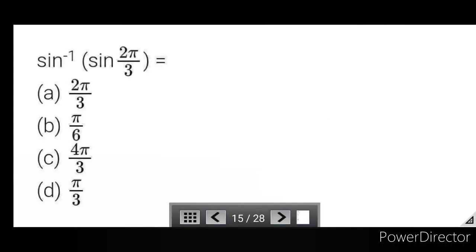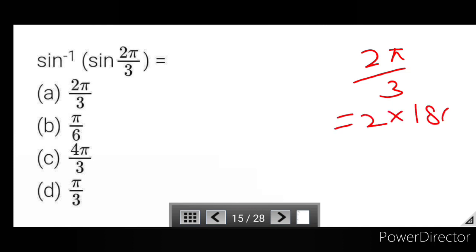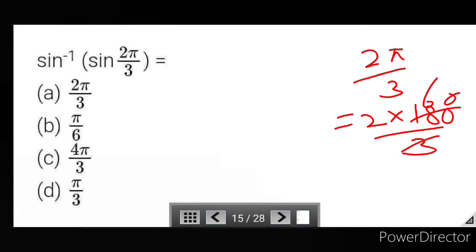So first question is sin inverse sine 2 pi by 3 is equal to. First of all let us check range of 2 pi by 3, which is equal to 2 multiplied by pi is equal to 180 divided by 3, which is equal to 120.